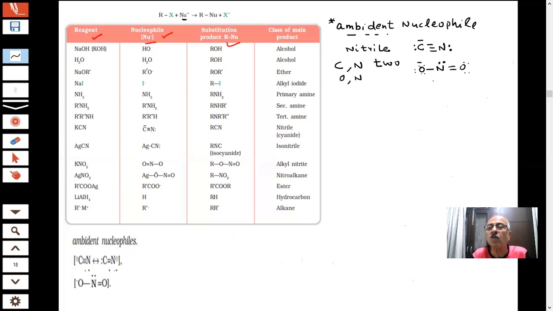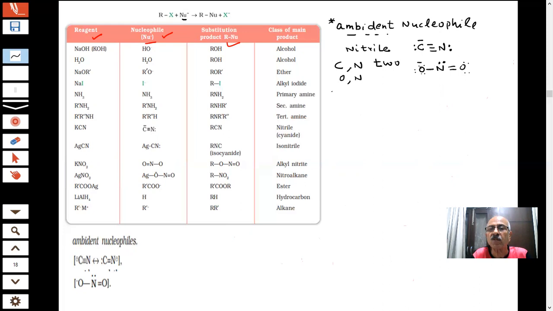So you can get two types of compounds. One is called nitrite, other is called nitro compounds. Therefore, it's a most important question for the exam.